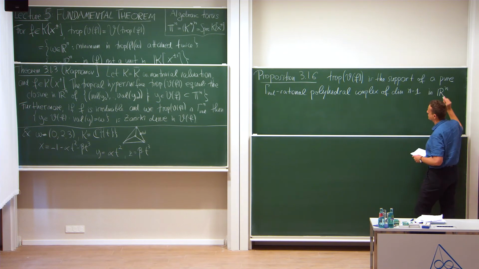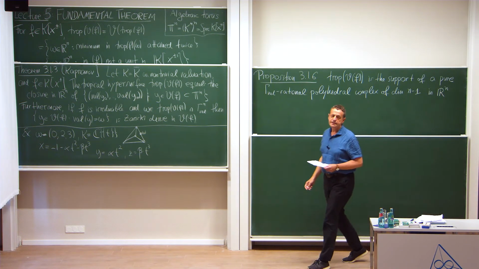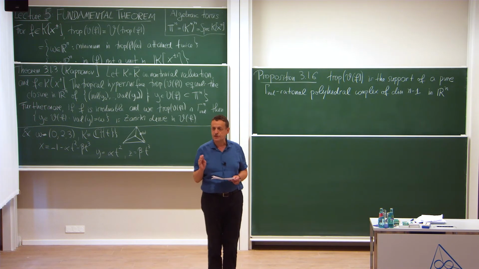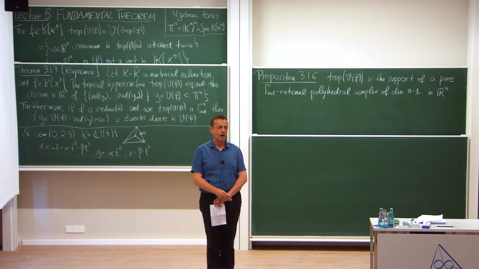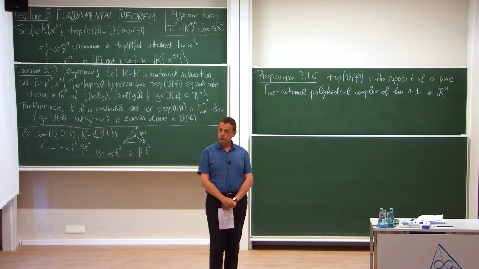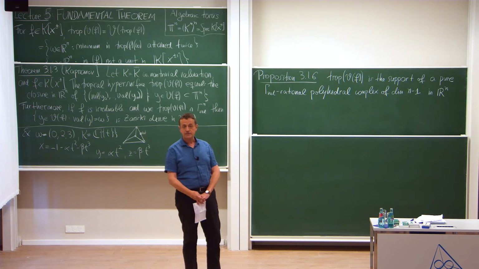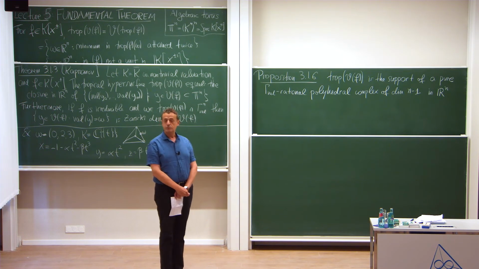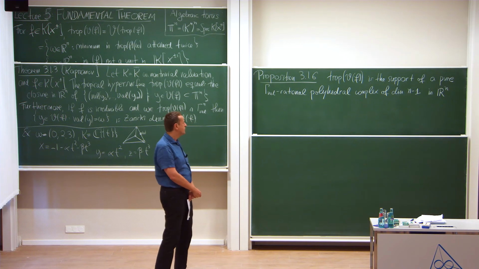That's the first part. Pure means that all maximal cells, all maximal faces, have the same dimension n minus 1.